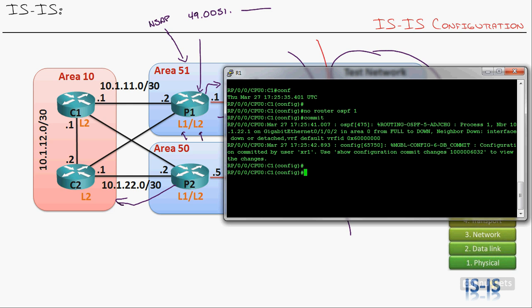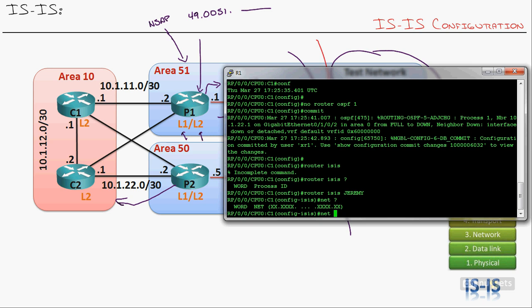Now we'll go into router ISIS. Actually, on IOS XR, they don't give you the option of a null tag, so let's use Jeremy. I'm going into router ISIS Jeremy. We've got to remember to use that tag if we reference it elsewhere. However, you're going to see there's not much need for that on IOS XR. Same thing as before, we're going to need that net address.